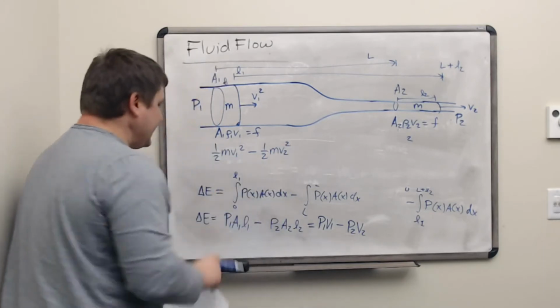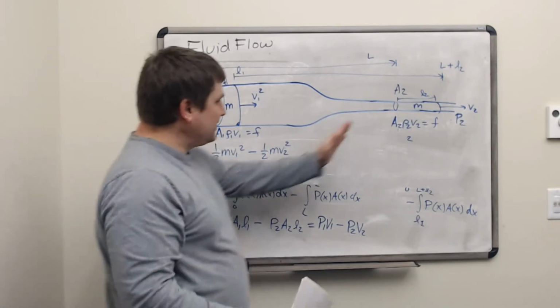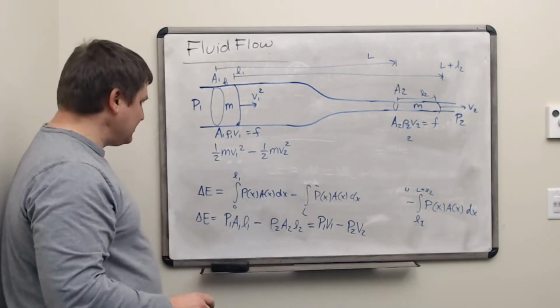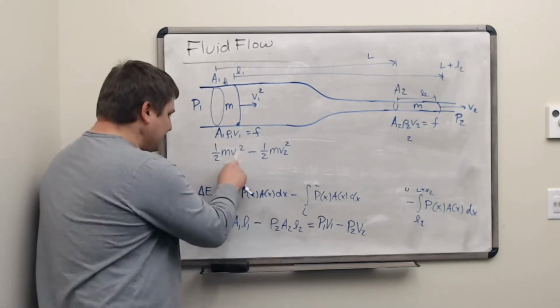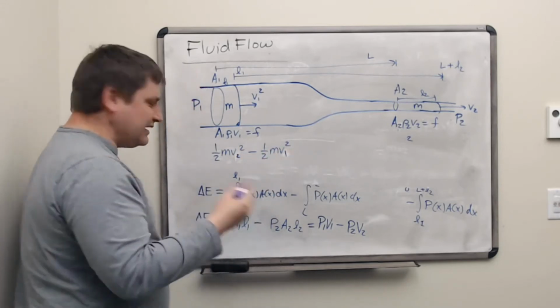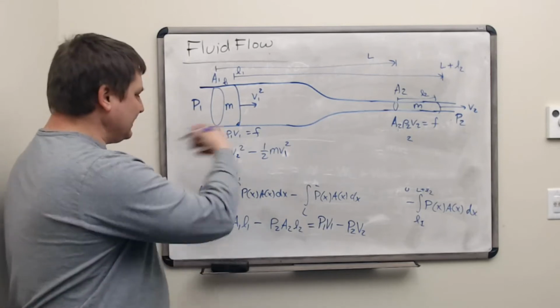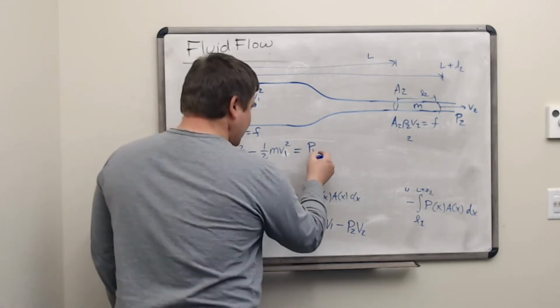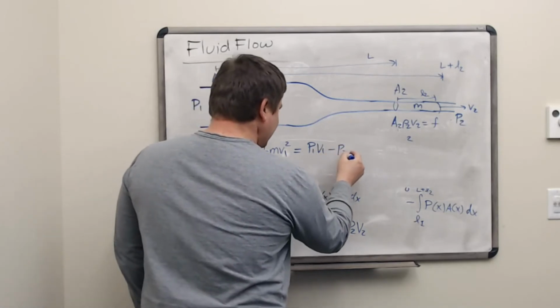So change in kinetic energy from situation 1 to situation 2 must be equal to this, actually it's final minus initial, right? Final kinetic energy is situation 2, initial is situation 1, because we went from left to right. So that's equal to the work done, which is P1 V1 minus P2 V2.